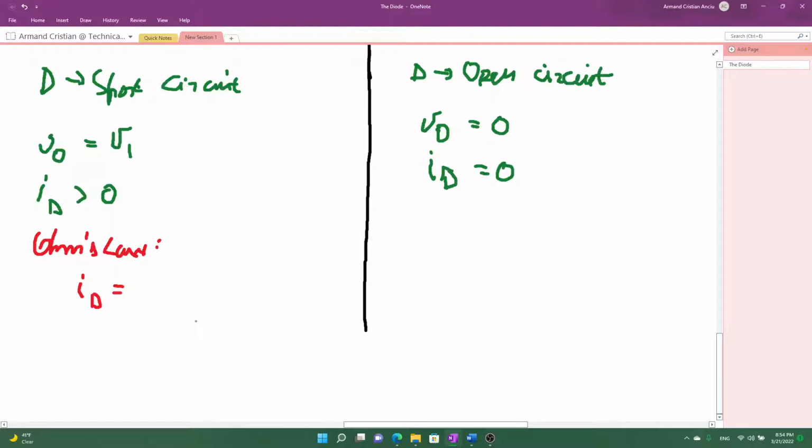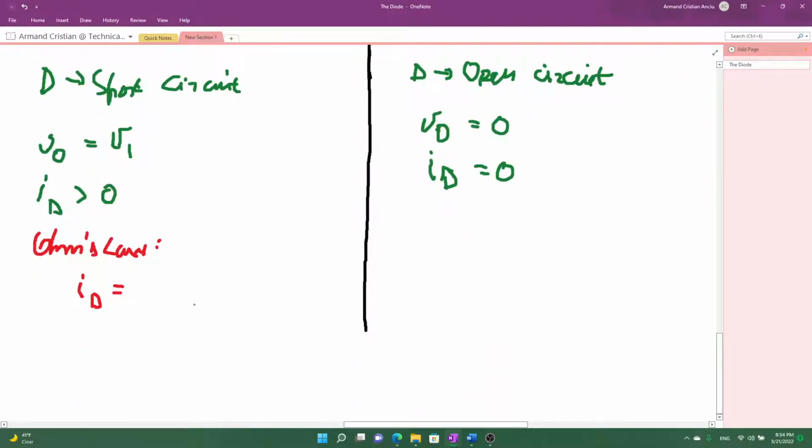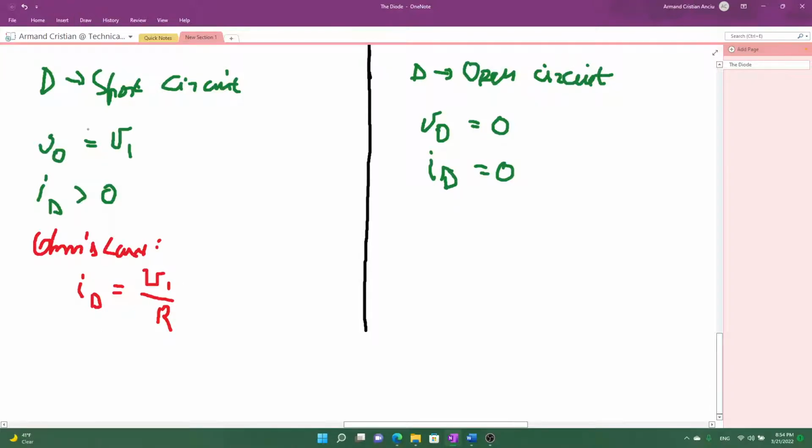The diode current, which is the only current that flows through this circuit, will be equal to the input voltage over the value of the resistor. And thus it results in the following two conditions.